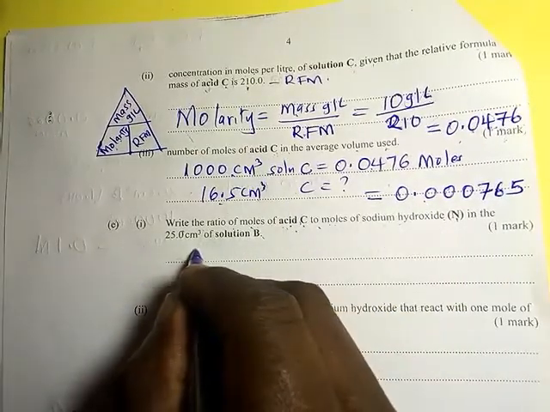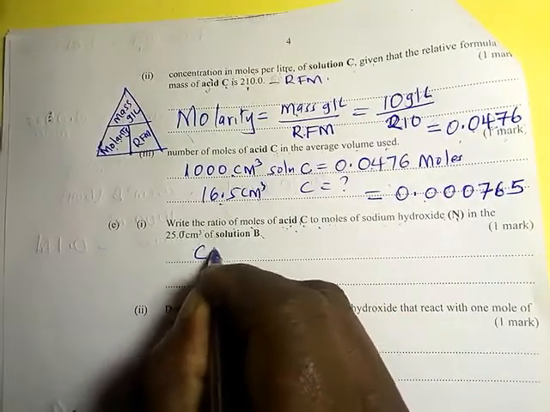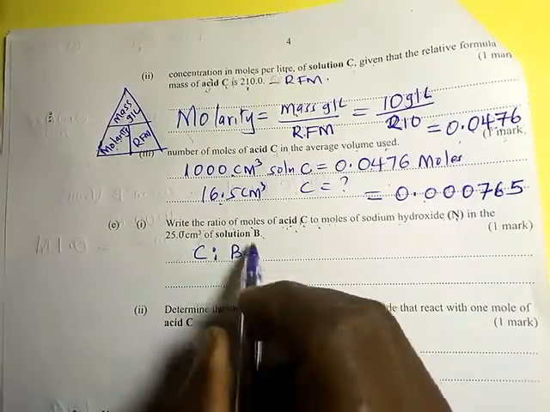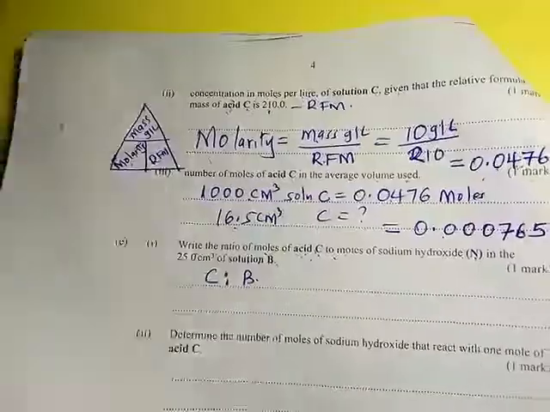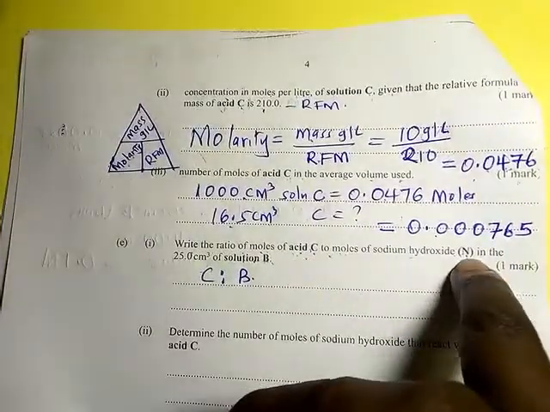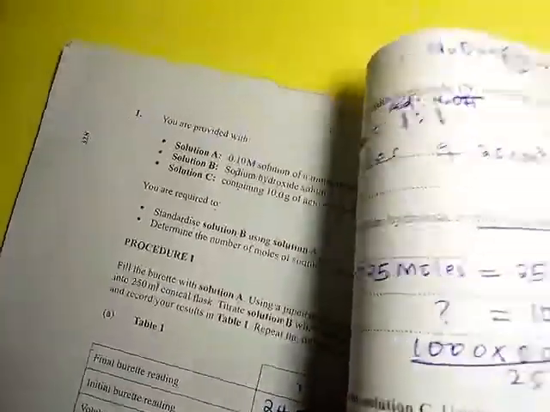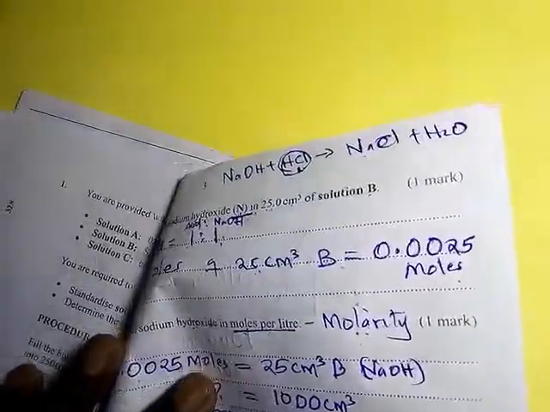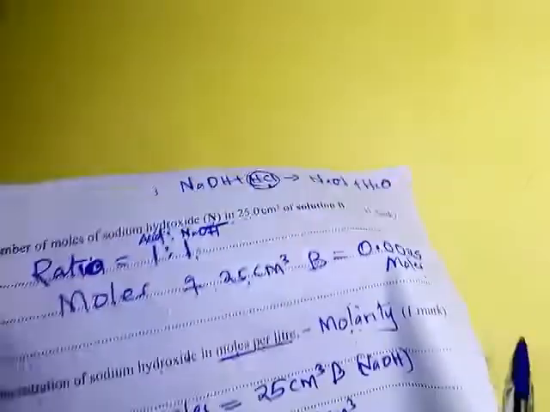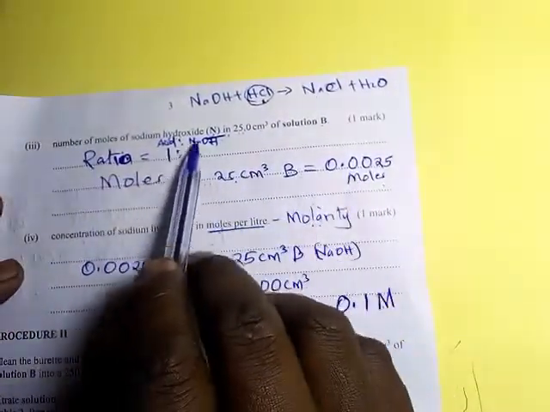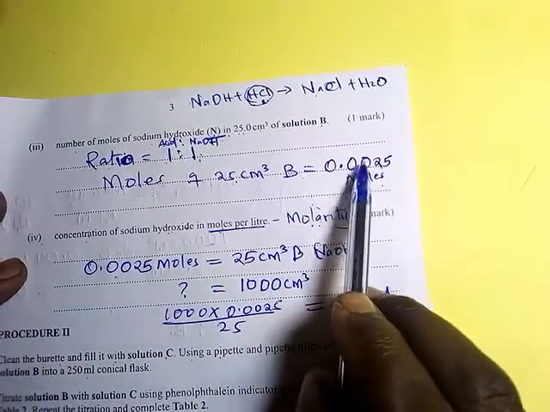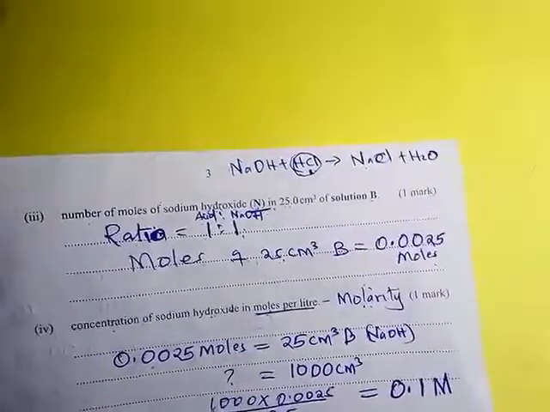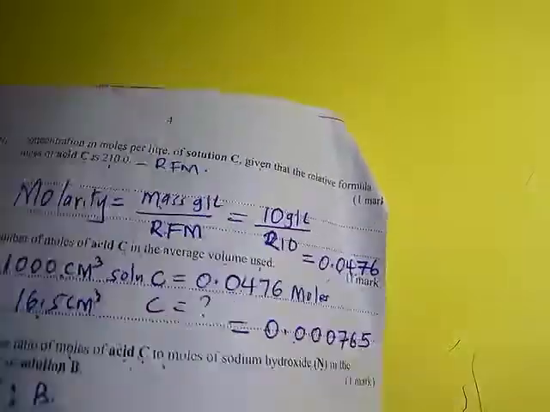We are going to write the ratio of C to B. Our moles N is here, 0.0025.